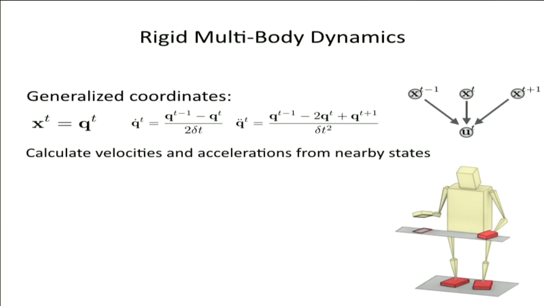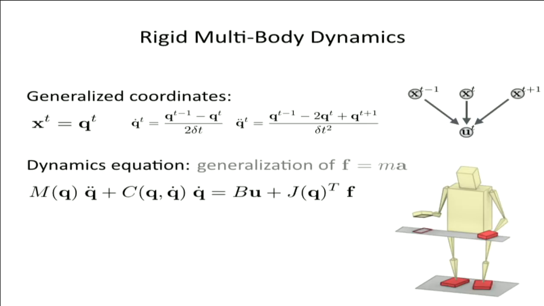And from the neighboring states, you can calculate the velocities and accelerations of these degrees of freedom, and how they're changing throughout time. And these resulting generalized coordinates have to obey a particular dynamics equation.